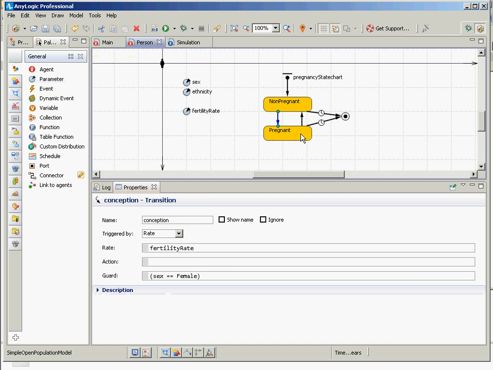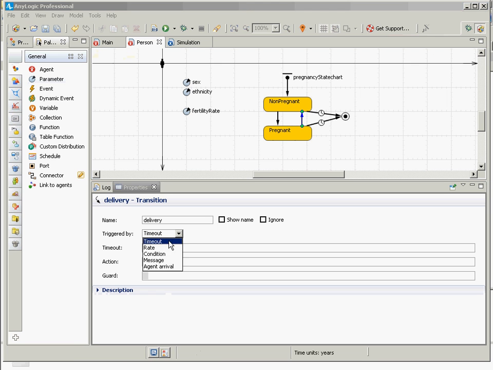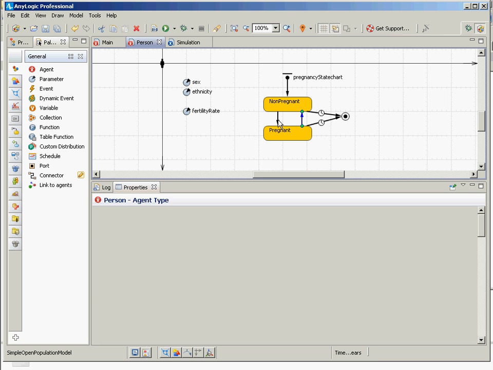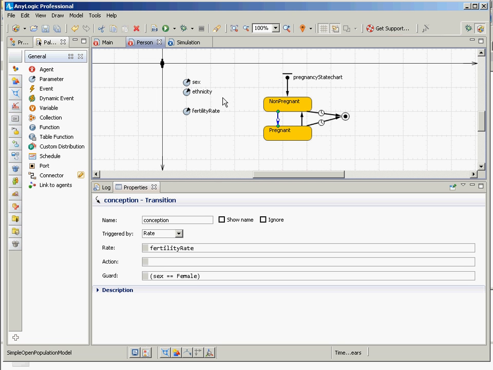And then finally, for delivery of pregnancy, that will occur after a timeout of 0.75 years, 9 months. Okay, so what do we do here? I've done a lot in a short time. I've added in a pregnancy state chart using the state chart things here.